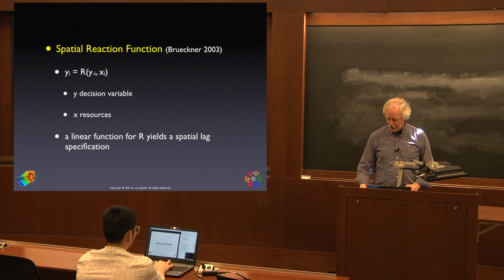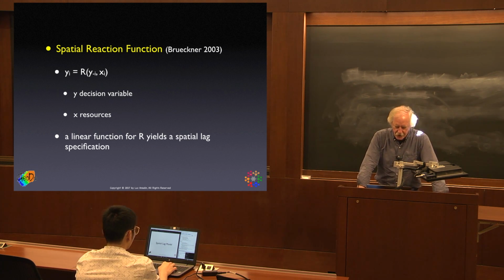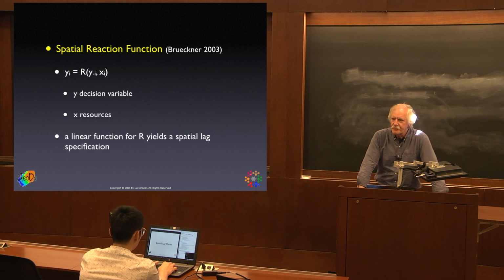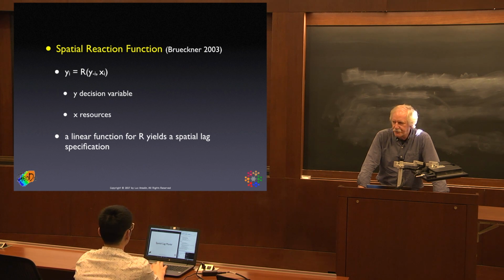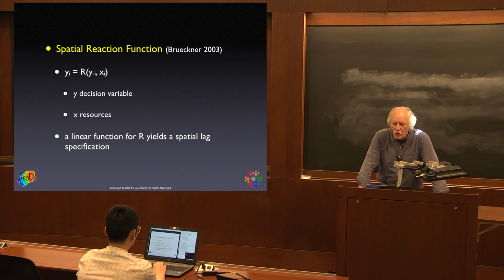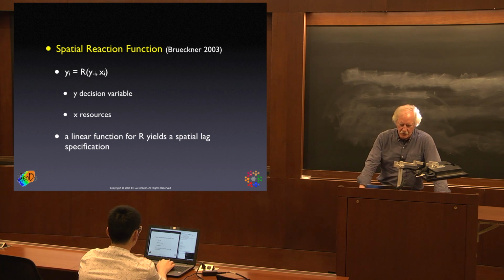Okay, the spatial reaction function, just a few minutes, a little bit of elaboration. Basically, it is a formal function where you have a decision variable that is expressed as a function of other decision variables. So your labor supply is a function of the labor supply of others in the market, just to put it that way.